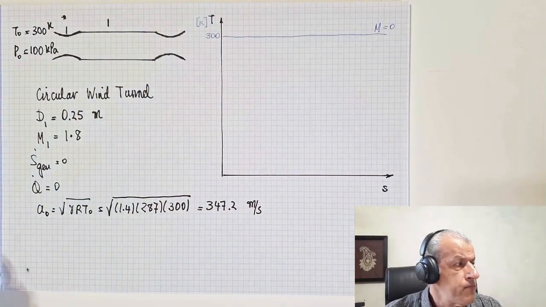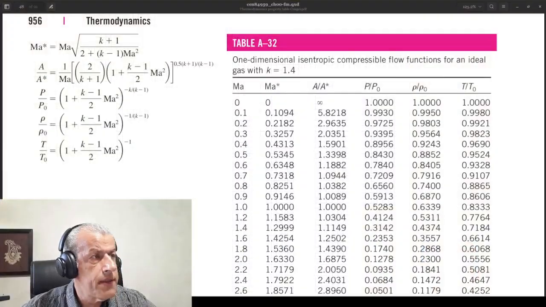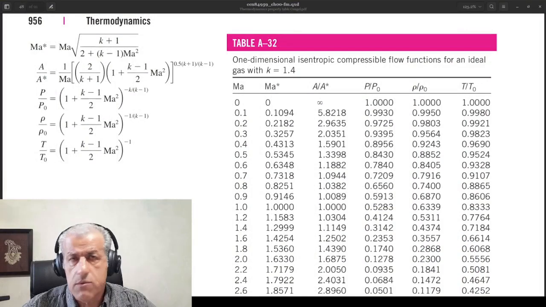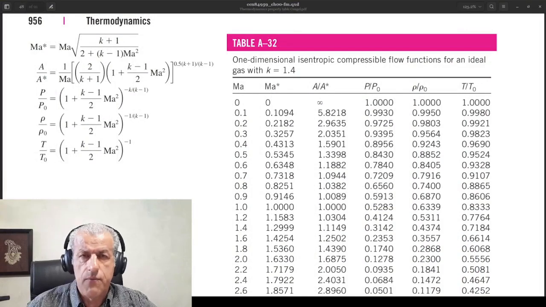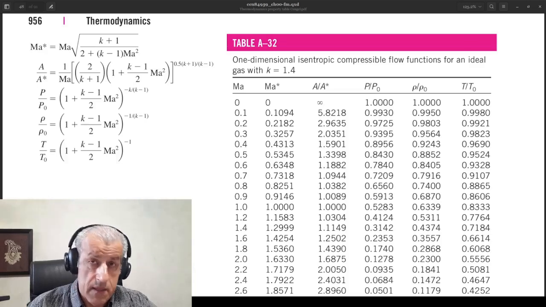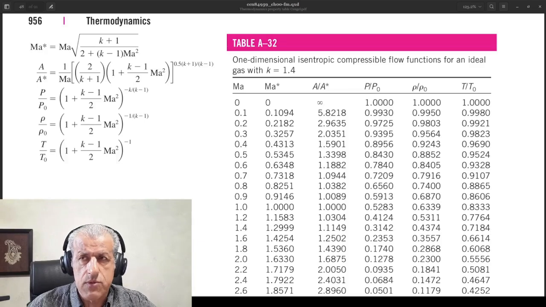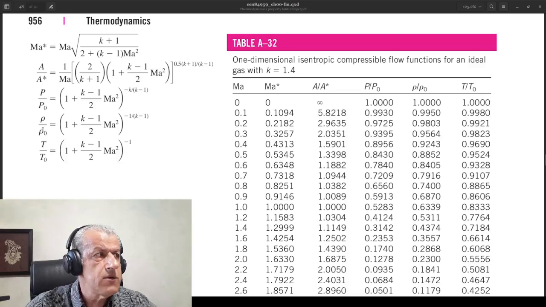If we move to this figure, which I've selected from the book by Cengel, but in almost many thermodynamics books you can find such tables, and all gas dynamics books have such tables that simplify our work for calculating P over P0, rho over rho0, and T over T0 as functions of Mach number.